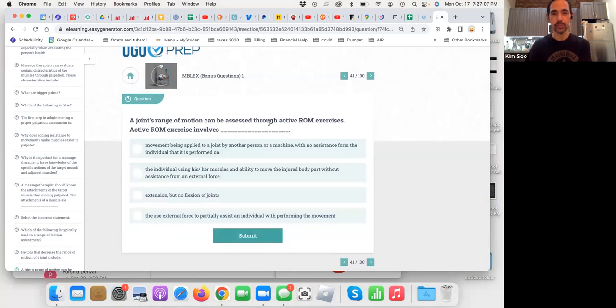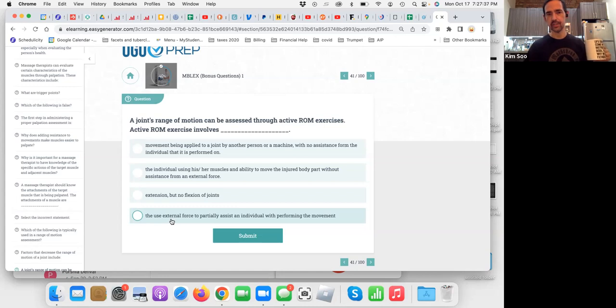A joint's range of motion can be assessed through active range of motion exercises. Active range of motion exercise involves movement being applied to a joint by another person; the individual using his or her muscles and ability to move the injured body part without assistance from an external force; extension but no flexion of the joints; the use of external force to partially assist an individual with performing the movement.